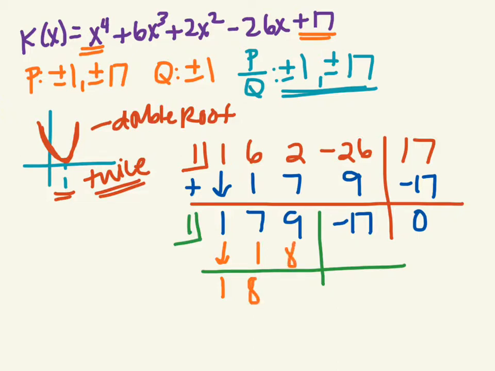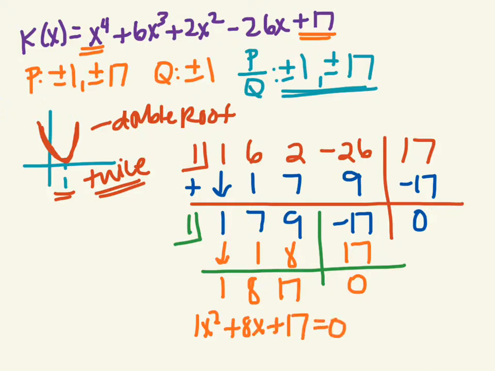Multiply, you get 8. Add them down, you get 17. And last but not least, 1 times 17 gives you 17. Add those 2 down, you get 0. So what we're left with is 1x squared plus 8x plus 17 equal to 0.